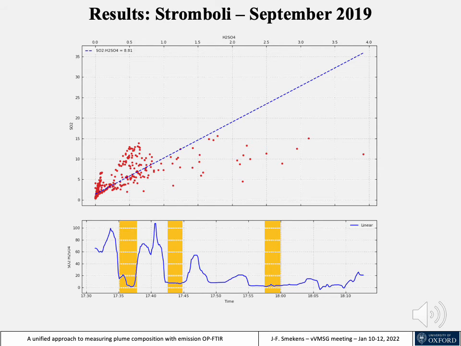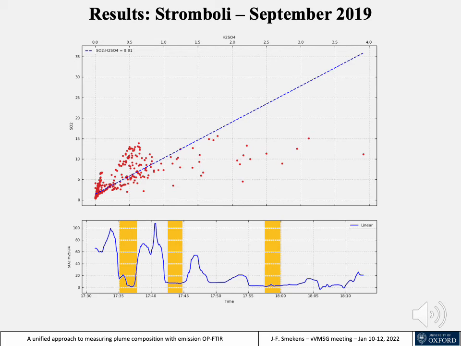There's also a correlation between the retrieved sulfate and SO2, which we can then plot in terms of the ratio between SO2 and sulfate aerosols. This gives an indication of the partitioning of sulfur between those two species and how it can evolve with time.